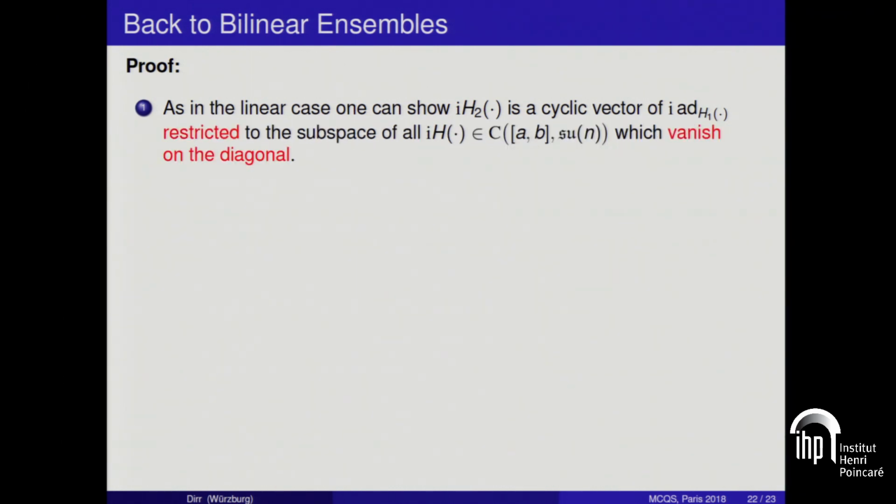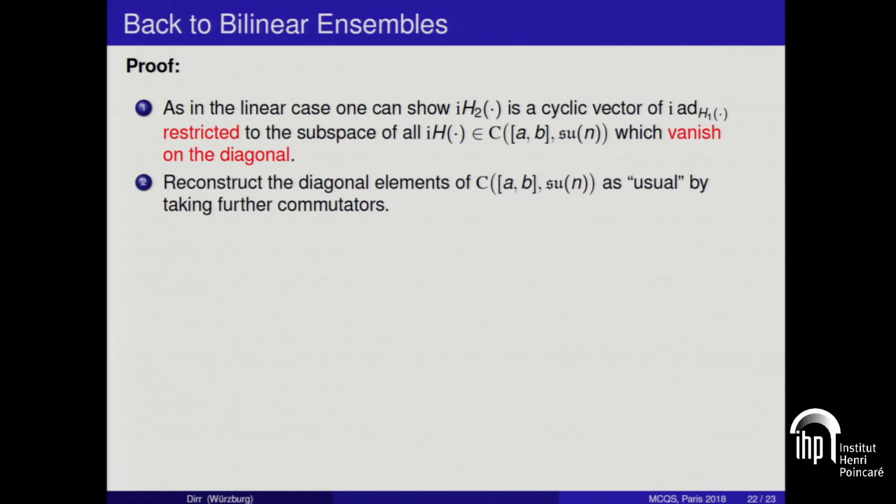But you have to be careful. Certainly, this is not a cyclic vector on the entire space. Again, as in this toy example, you have to restrict to matrices which vanish on the diagonal. But in this space, where you consider only matrices or matrix functions which vanish on the diagonal, you can show with the previous techniques that this is a cyclic vector. Then again, as here, you reconstruct the diagonal elements by taking further commutators in the set you already generated.